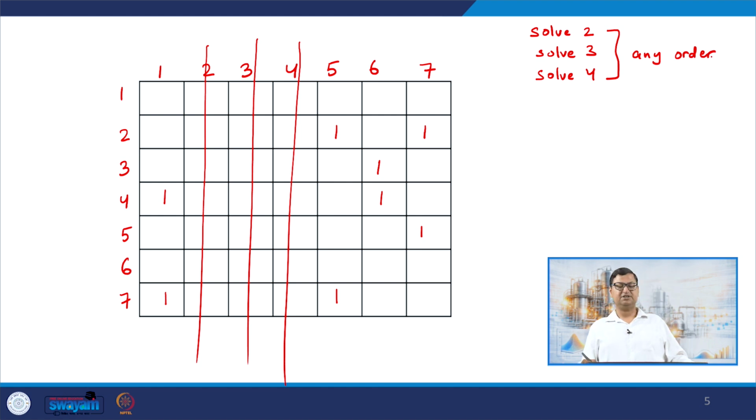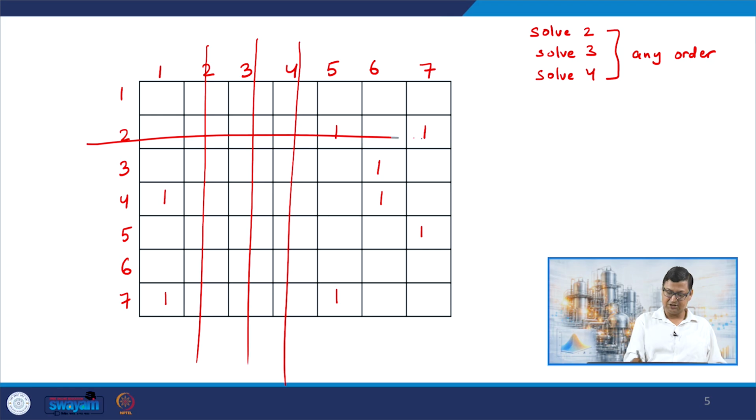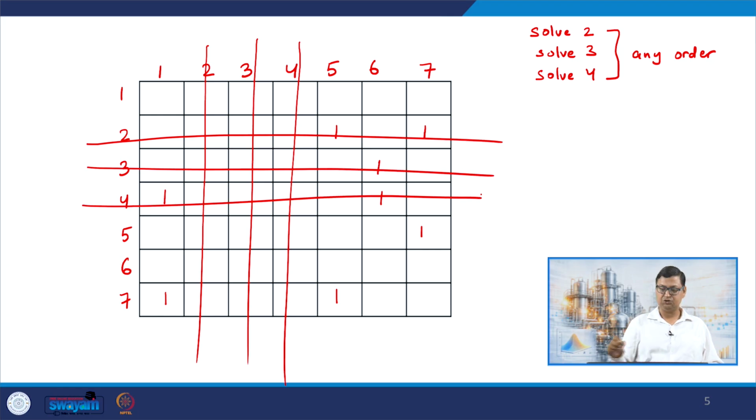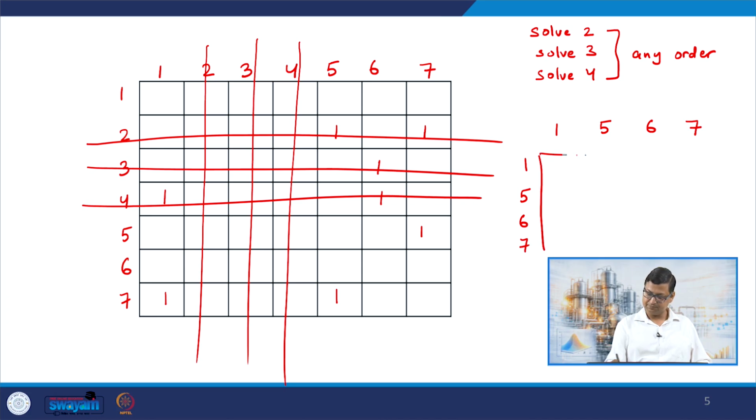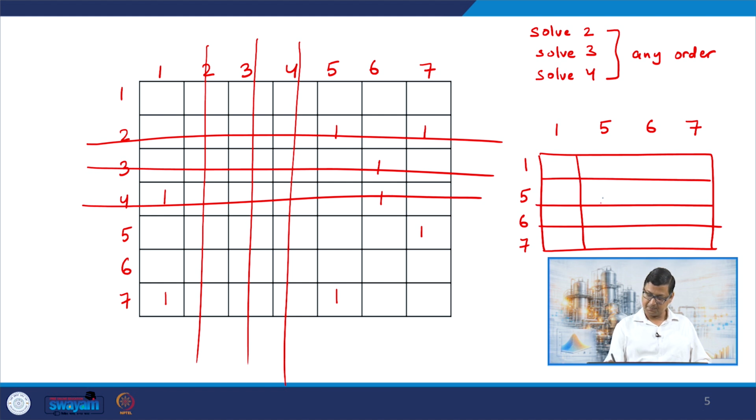And now, I am going to basically delete this 2, 3, 4 from the graph, that corresponds to deleting the rows and columns corresponding to 2, 3 and 4, and now I have the remaining matrix 1, 5, 6, 7, where the first row is all zeros, the row for 5 is having a 1, the row for 6 is now all zeros, and row for 7 is having 1 and 5.